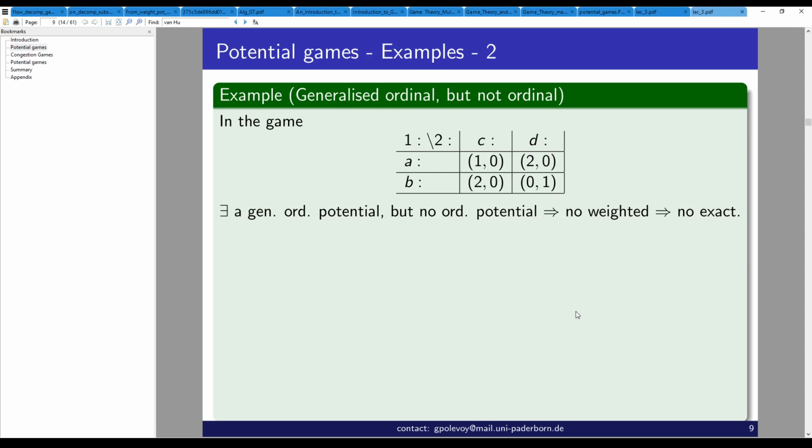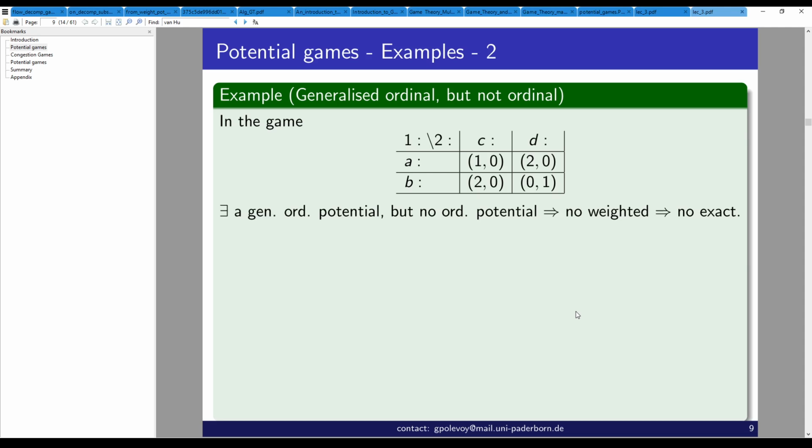This game we are now introducing, without even naming it, is an example that is generalized ordinal but not ordinal.